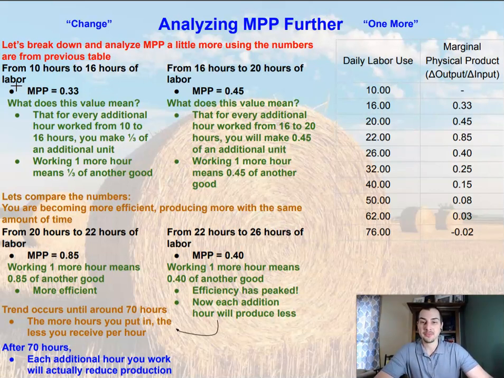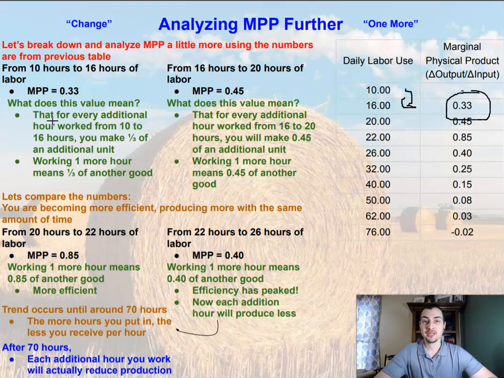So, as we increase from 10 to 16 hours of labor, we see that our marginal physical product is 0.33. So what does this mean? It means that for every additional hour worked from 10 to 16, so that 11th hour, that 12th, 13th, 14th, 15th, and 16th hour, you make 1/3 of an additional product.